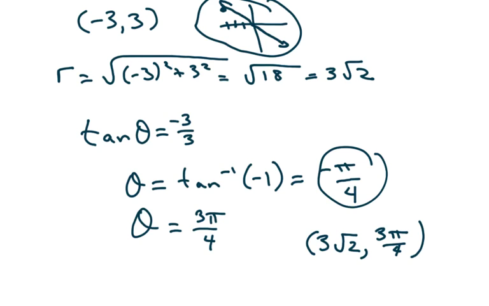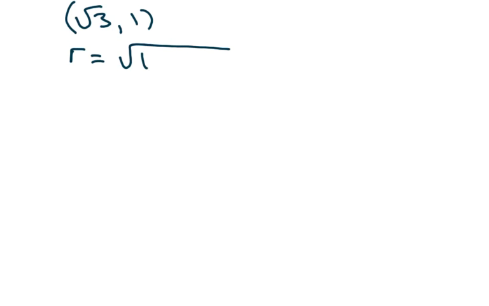Okay, let's do one more. We have square root of 3, comma 1. Okay, this lies in quadrant 1. That should be kind of easy if it's in quadrant 1. So we have the square root of 3 squared plus 1 squared, which equals square root of 4, which equals 2. So my r is going to be 2.